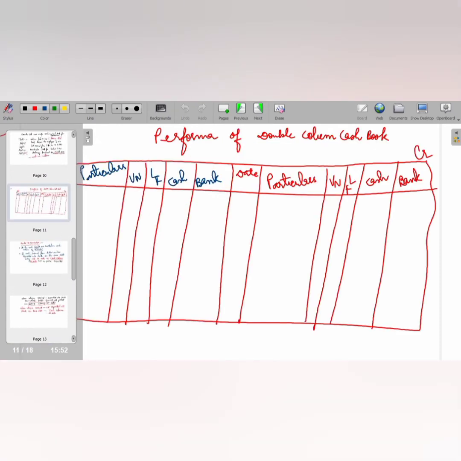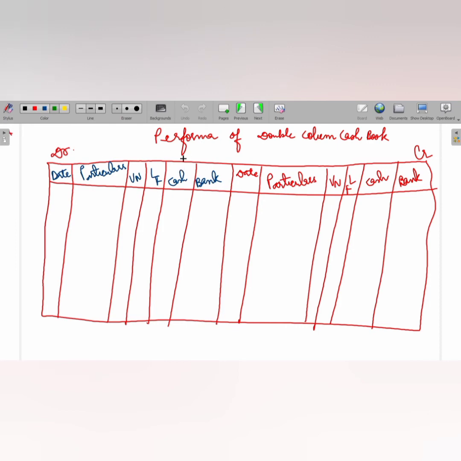See, this is the proforma of double column. So what is the difference? The difference here is the amount. See, the amount contains two columns. One is cash and the other is bank. Can we say this? See, cash and bank. Hope now it is very clear what is double column and what is single column.